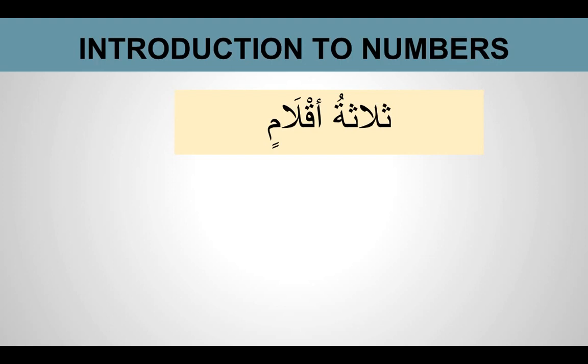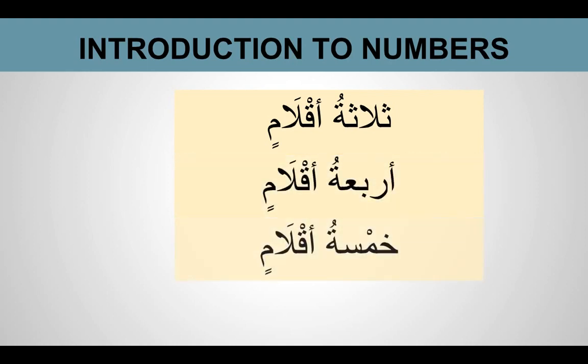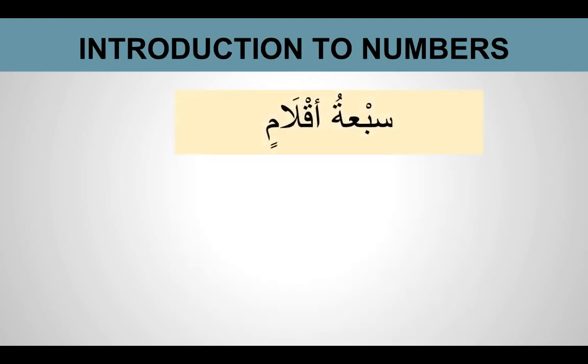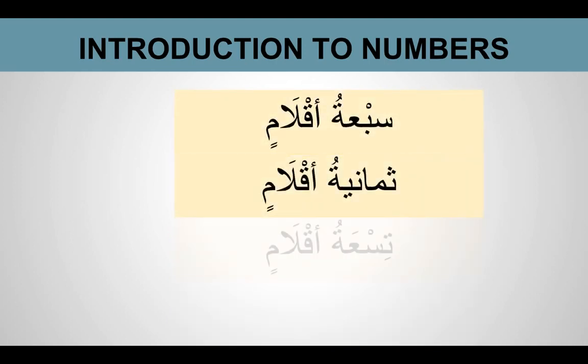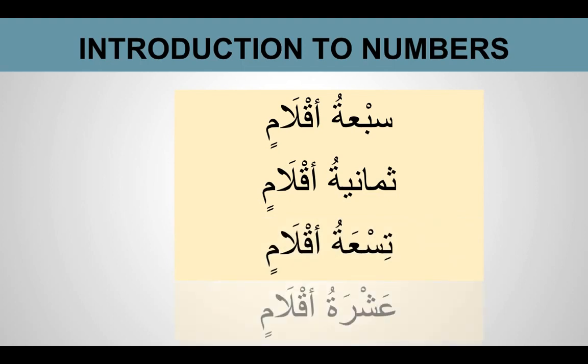So if you want to say 3 pens, 4 pens is arba'atu aqlamin, khamsatu aqlamin, sittatu aqlamin, sab'atu aqlamin, ثمانية أقلام تسعة أقلام عشرة أقلام. If you want to say 3 houses, a small example, ثلاثة بيوت.